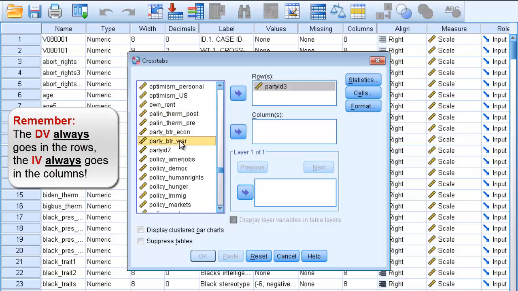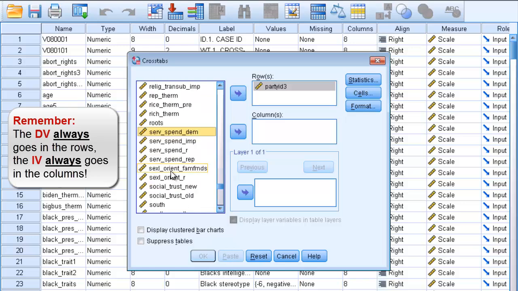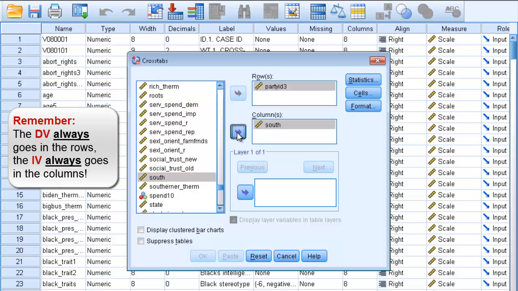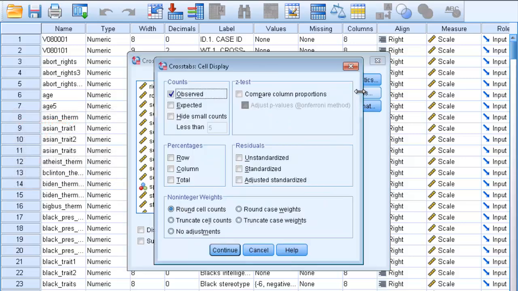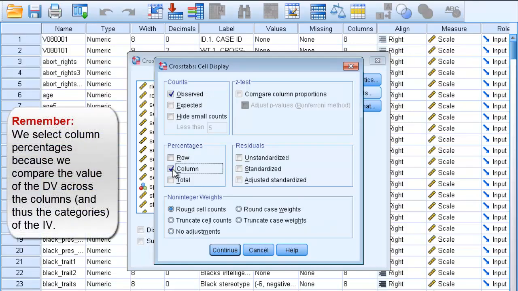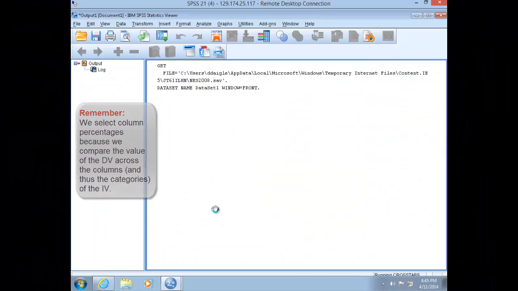Next we're going to choose our independent variable, which is just entitled South, and place that into the columns pane. Next, click on Cells and make sure that the observed counts is selected and the column percentages are selected. Click Continue, and then click OK.